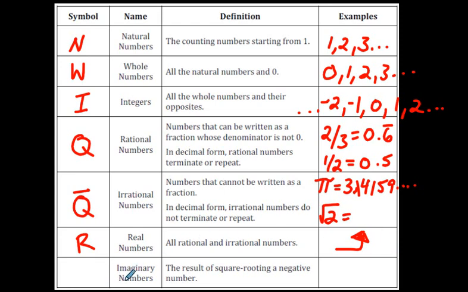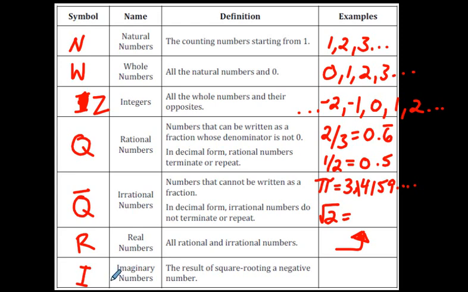Then we get something called imaginary numbers. Some people write it with a small i, some people write it with a capital I. But when you write it with a capital I, that's confusing because it looks a lot like integers. So when people are talking about integers, sometimes they change the letter I to the letter Z. I'm not sure why, but it helps to distinguish between integers, which starts with I, and imaginary numbers.